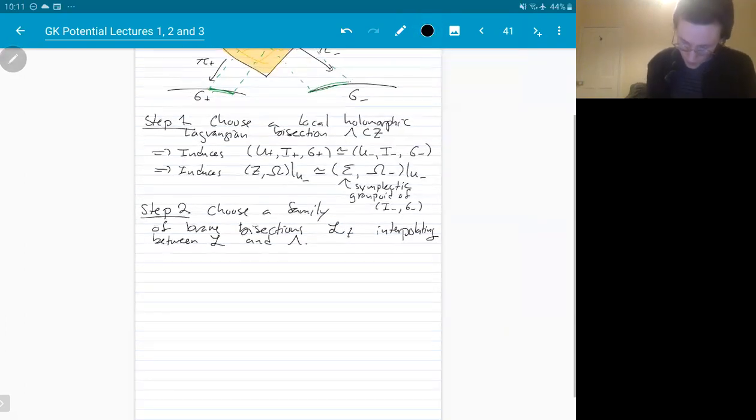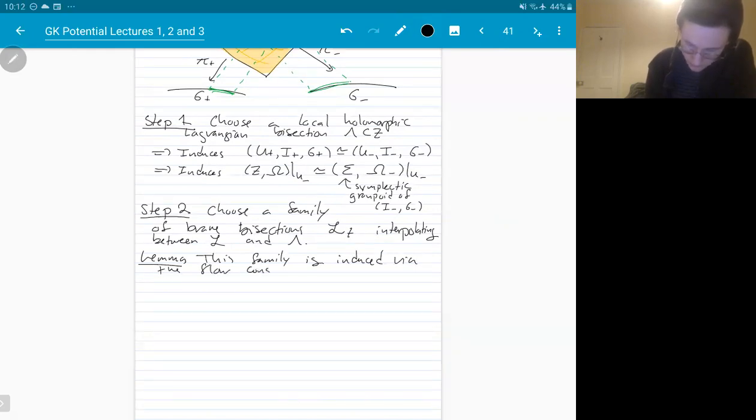And the basic fact about these families is that they're generated by functions. So this family is induced via the flow construction applied to I minus, sigma minus, and a real time-dependent function, f_t.